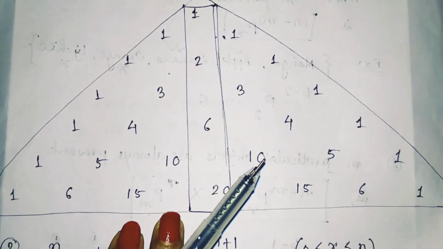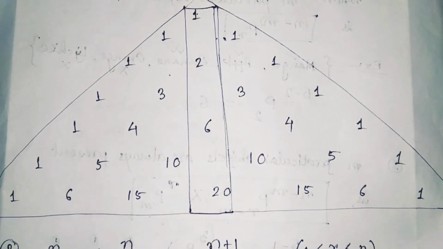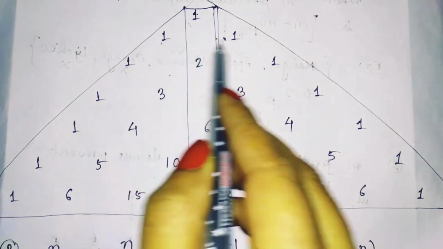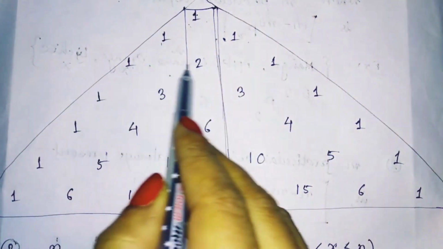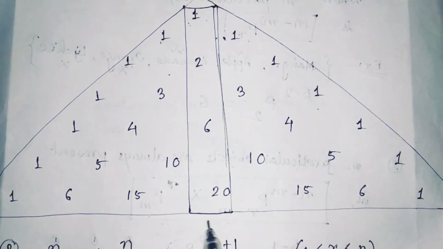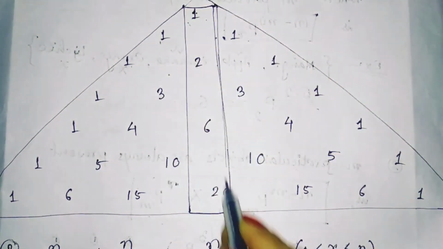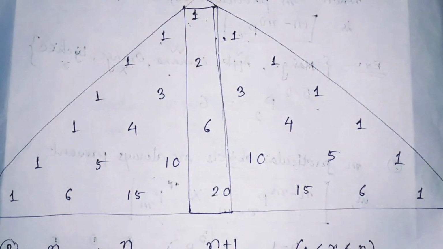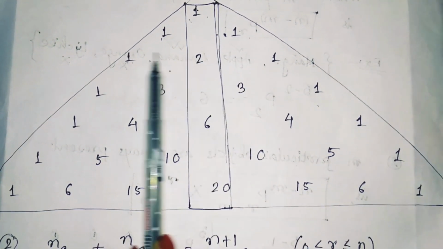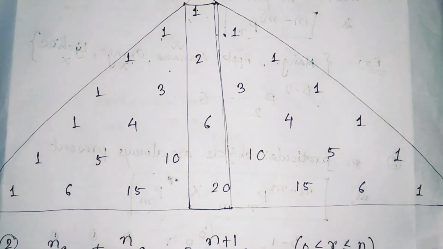This is called Pascal's triangle. Just observe this triangle very carefully. First is 1, then it is 1, 1. This position is vacant. Then 1, 2, 1, then 1, 3, 3, 1. In this way. If we take the middle elements only, then we can say this as a mirror. You just observe all these elements, and they are in a symmetric manner.